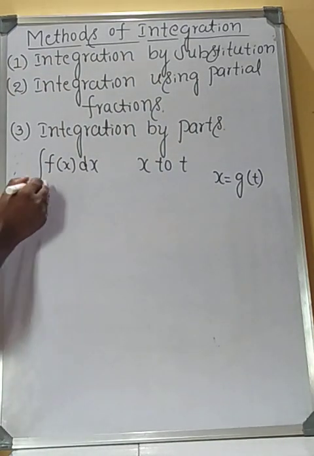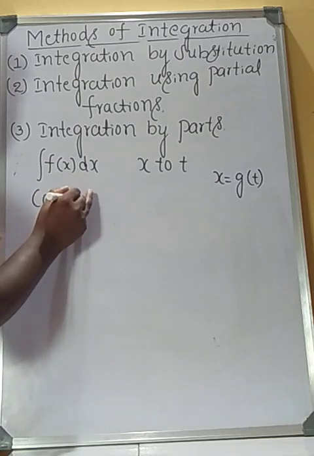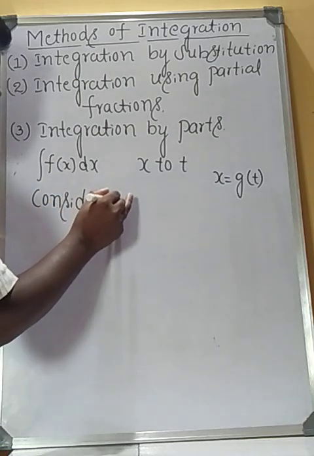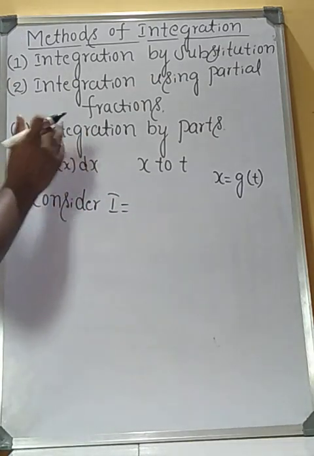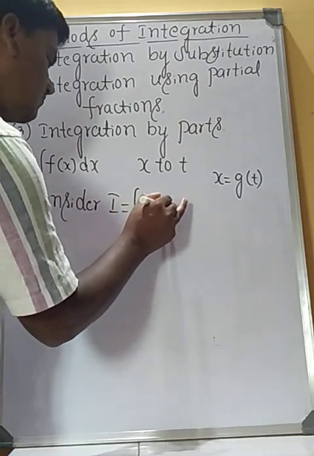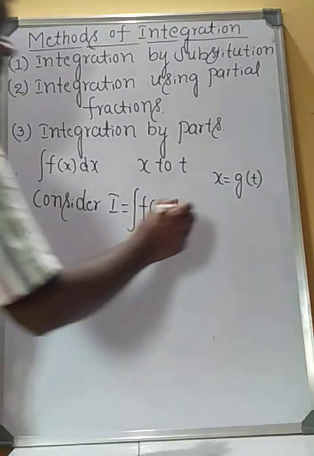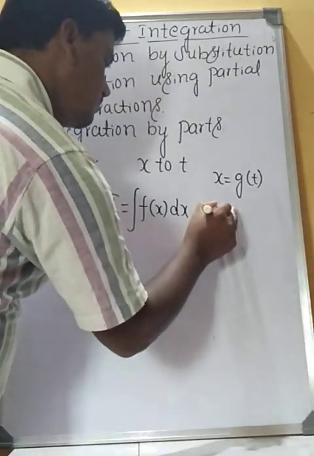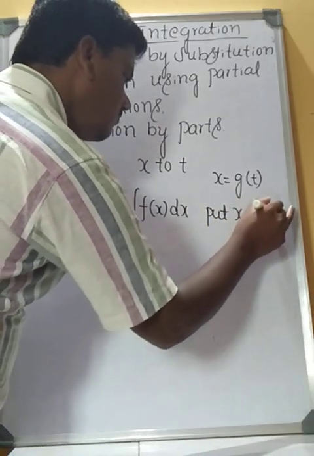So now consider I, the given integral of f of x into dx. Now put x is equal to g of t.